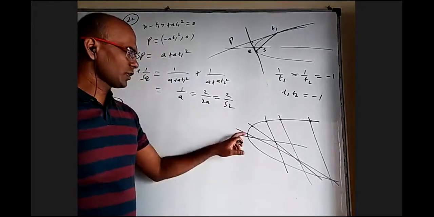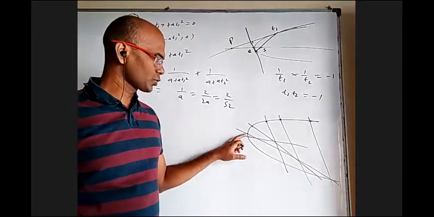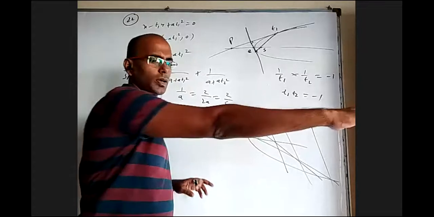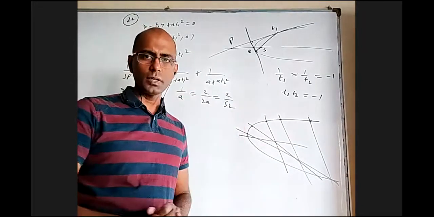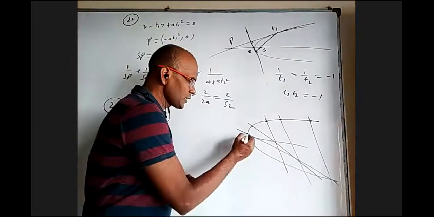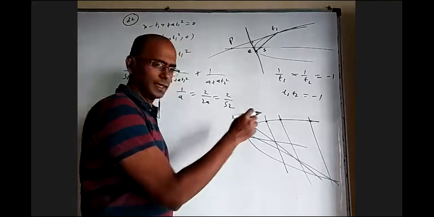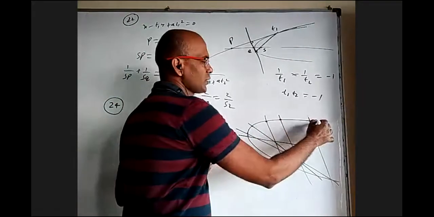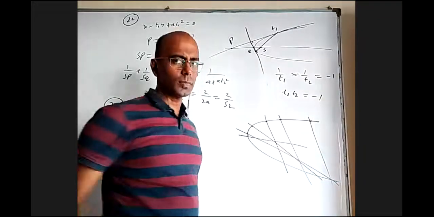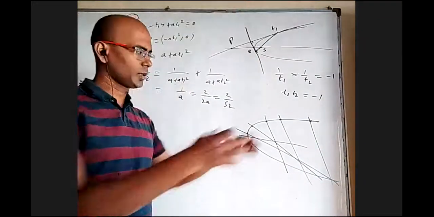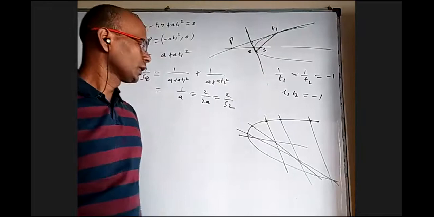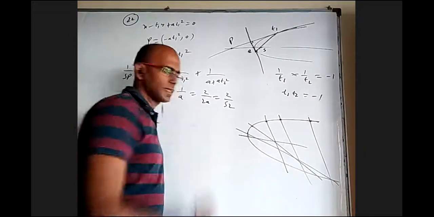So initially, when you draw a normal at a point very close to the vertex, it will be almost a horizontal line. The length of that chord will be very long, very high. As you go here, here, here, slowly it decreases. Again, after some time, when you go very far, the length of the normal increases to a very high value because the parabola is quite open. So somewhere it has a minimum. What is that? They're asking.